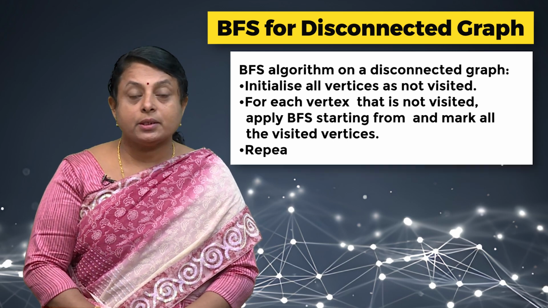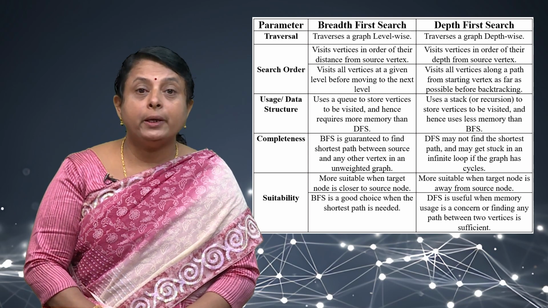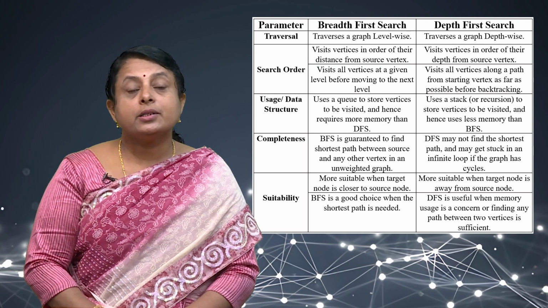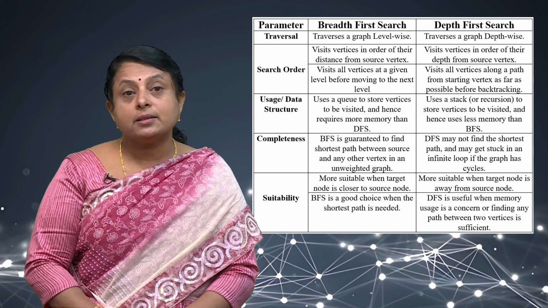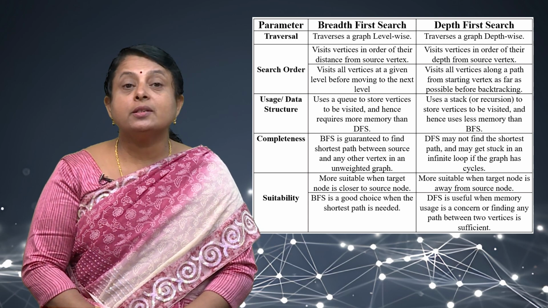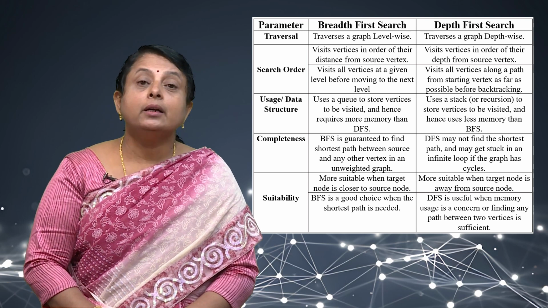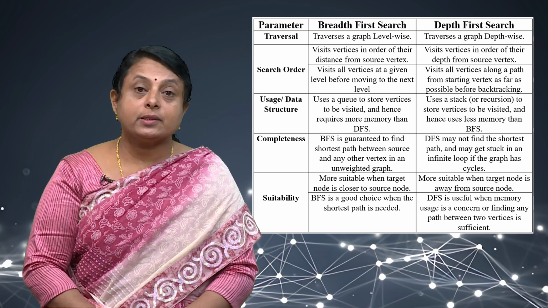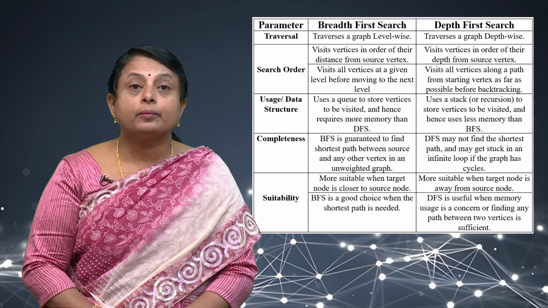Now, let us consider the difference between BFS and DFS by considering various parameters. The first parameter is traversal. BFS traverses a graph level wise, whereas DFS traverses a graph depth wise. Second parameter, search order.